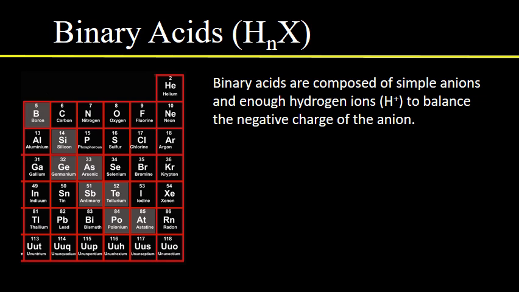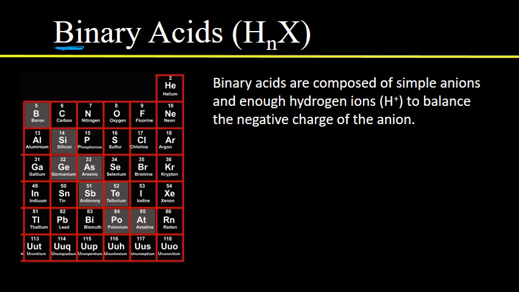Now, binary acids are simple. The prefix bi, of course, means two, and so binary acids are those that are composed of two elements, a hydrogen and a non-metal anion.